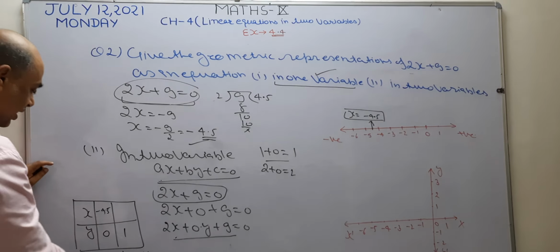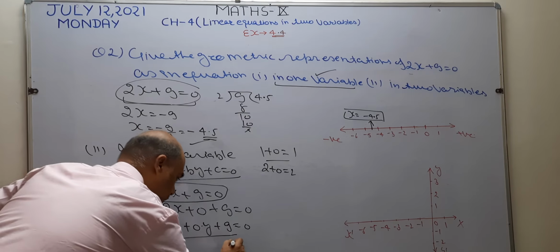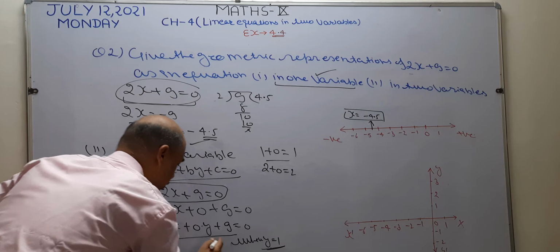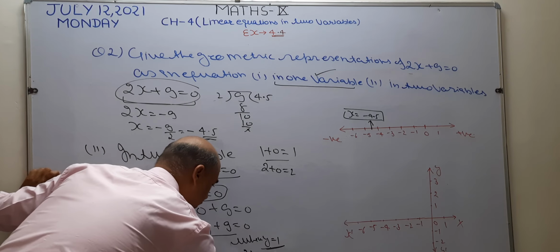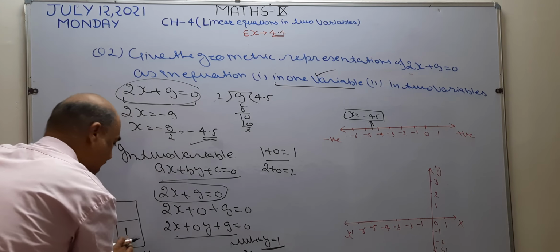Next time I take y as 1. So I write here when y equal to 1, I substitute this value in this equation. So 2x plus 0 into 1 plus 9 equal to 0. Instead of y, I write 1 because I take y as 1.